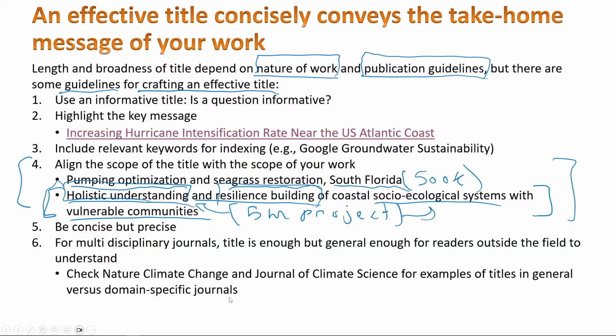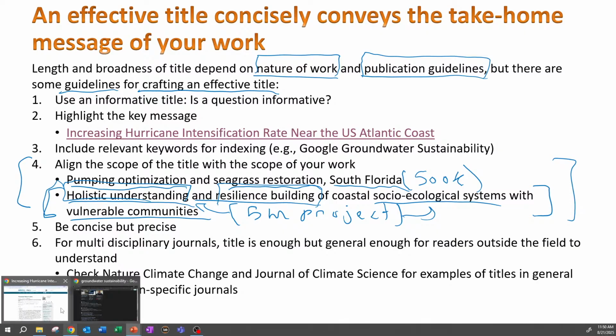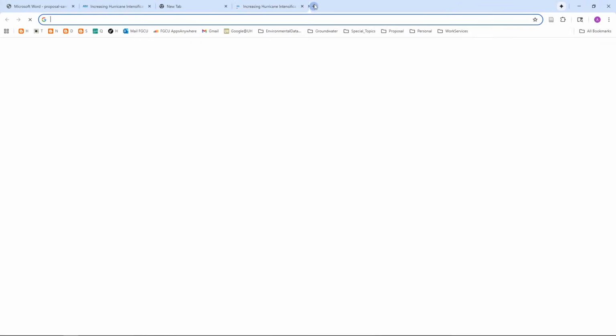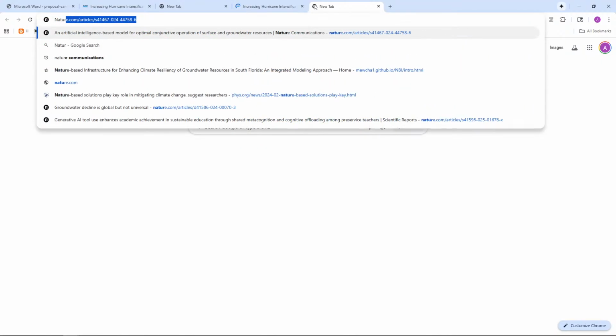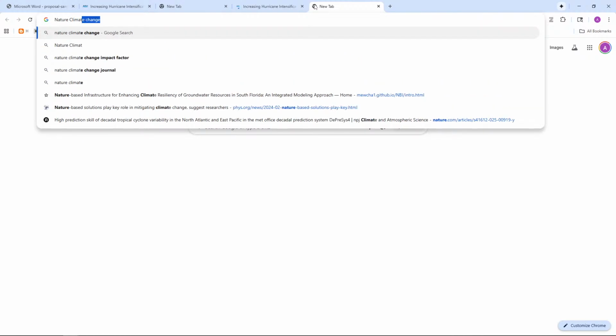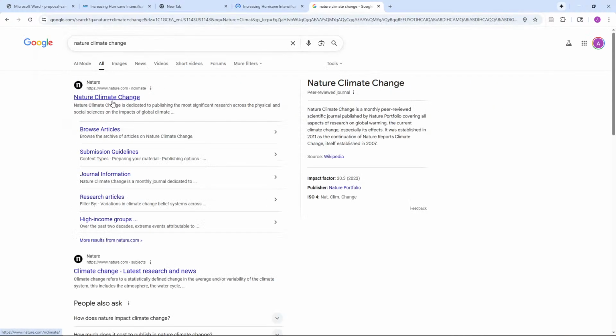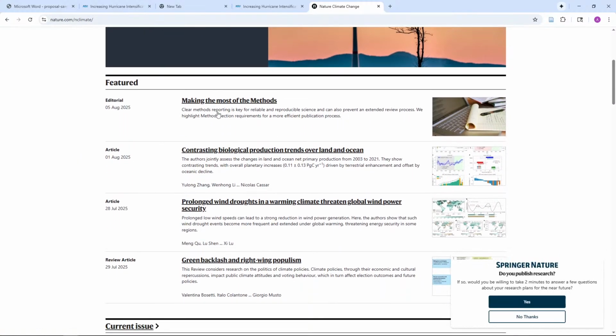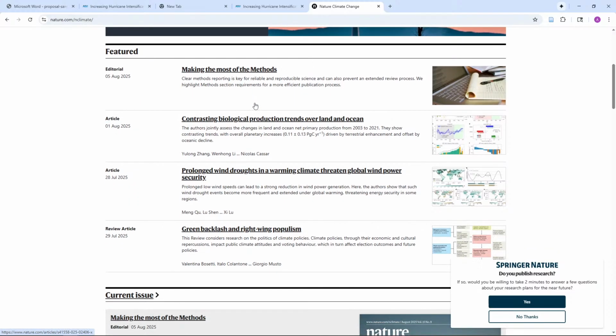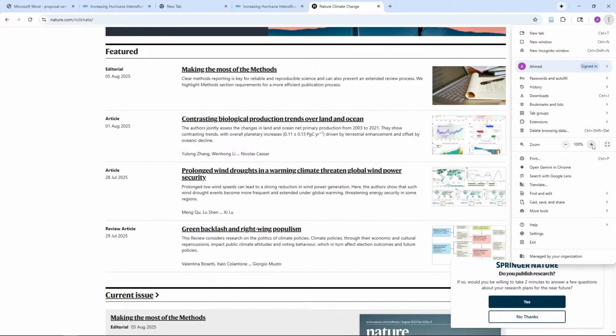So let's go to these two journals and see their current issue, look at the titles, and see how a title would be in Nature Climate Change. Let's browse their current issue. So that's Nature Climate Change. This is an editorial. Now see here, this is a research article.